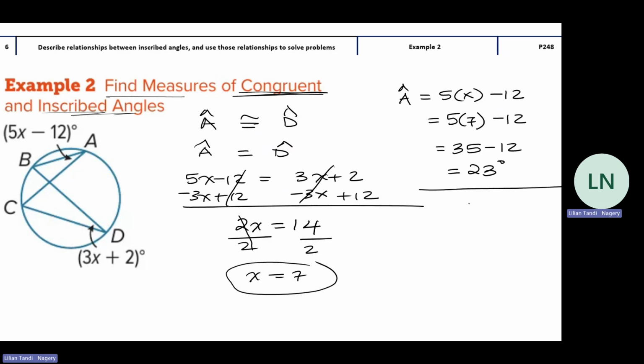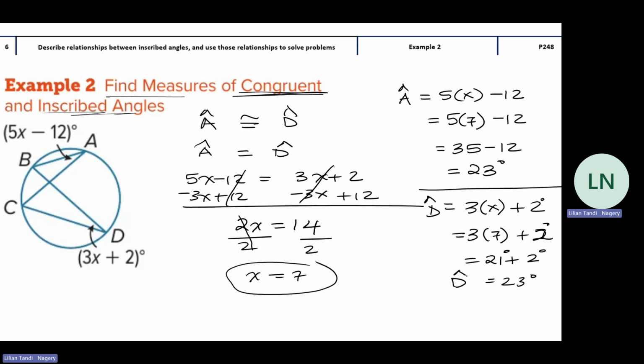Now, I need to find angle D. If I don't get it to be 23, it means I did something wrong in my work. So angle D is equal to 3 parentheses x plus 2, which is 3 parentheses 7 plus 2, which is 21 plus 2, which is 23 degrees. So that's how I know my work is correct.